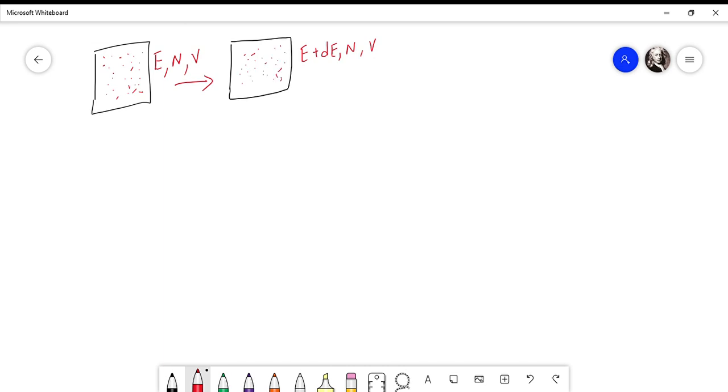Because our Boltzmann's distribution function is related to probability, to maximizing the probability, and we also know that entropy is related to probability, we use the concept of entropy to find the value of beta.